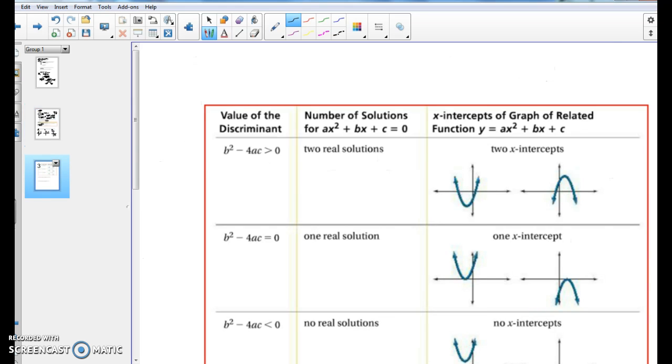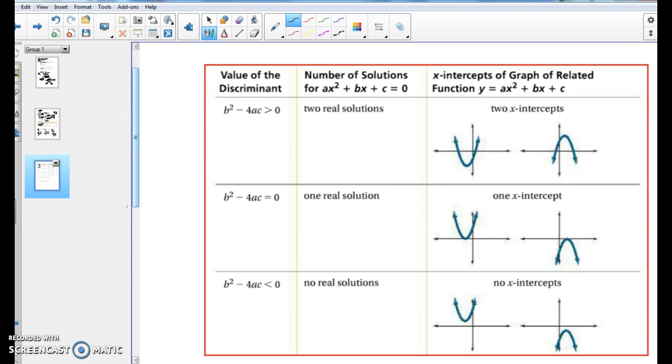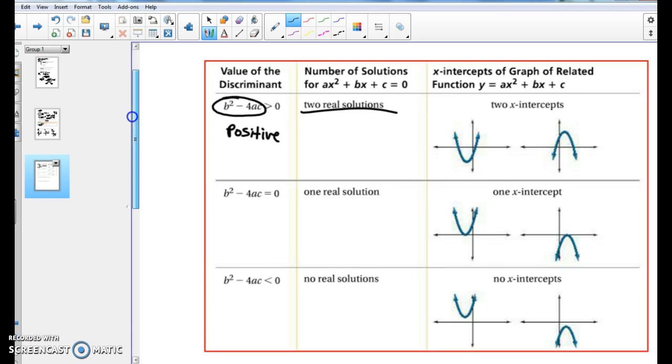On the next page, it goes a little bit more into detail about how the discriminant tells us that. If the value of the discriminant in this first box here is positive, or as it says, greater than 0, we get 2 solutions, okay? And as the graphs over here showed what I just had on the previous page, they cross the x-axis twice.